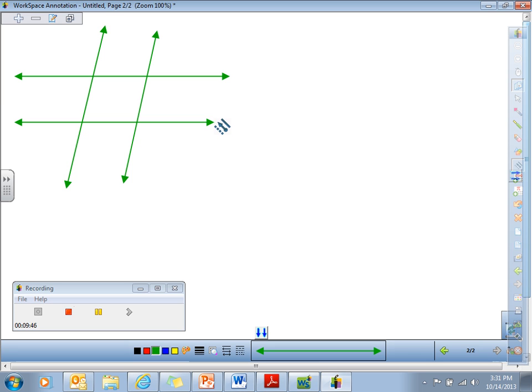Okay, same side exterior. So the only ones I see would be angle 1 and angle 5. So you see how they're above this line? So they're on the same side, and they're on the exterior of these two lines, which this is P and this is Q. So 1 and 5 will be same side exterior.